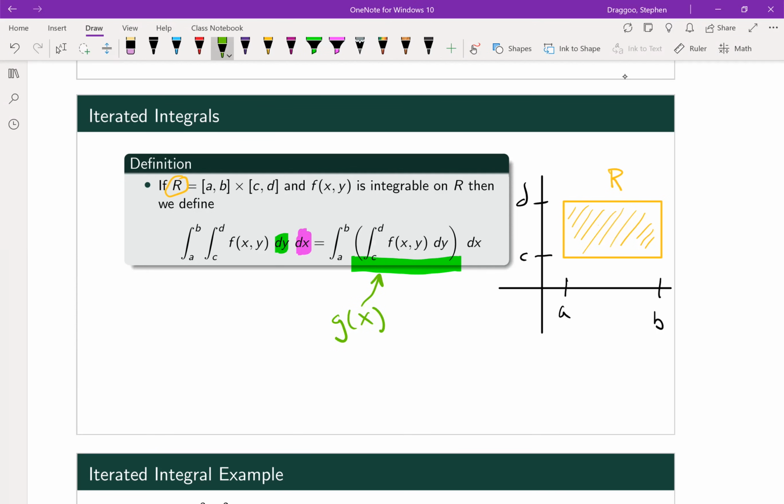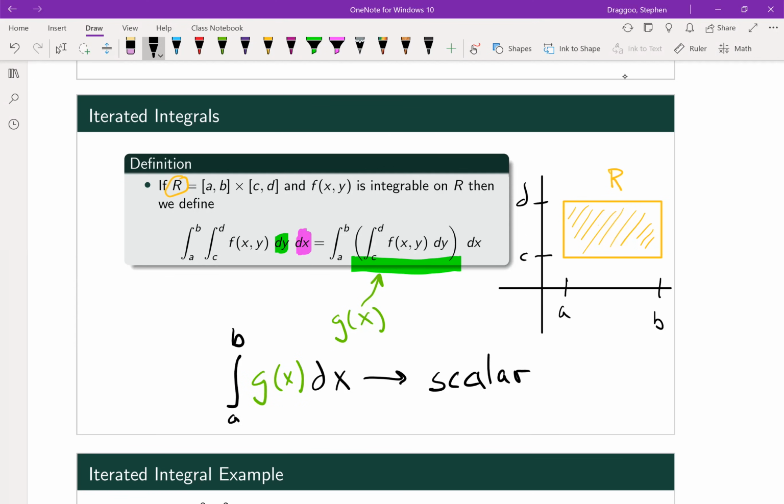which means the resulting piece just comes out to the integral from a to b of a function that now depends only on x, and we're integrating in terms of x, which means our result is some constant number, or a scalar, being the word that we use in multivariable calculus.